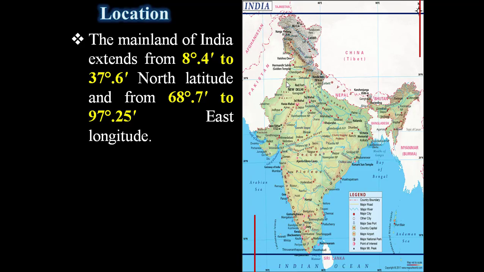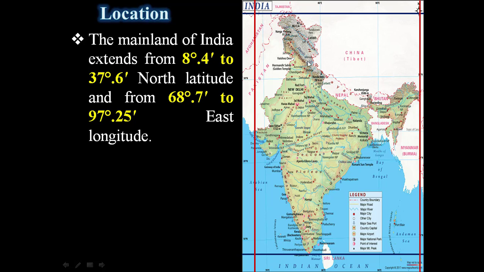The mainland of India extends from 8 degree 4 minutes to 37 degree 6 minutes north latitude. Here it is blue in color. What you are seeing in the map in blue color starts from 8 degree 4 minutes to 37 degree 6 minutes north latitude.